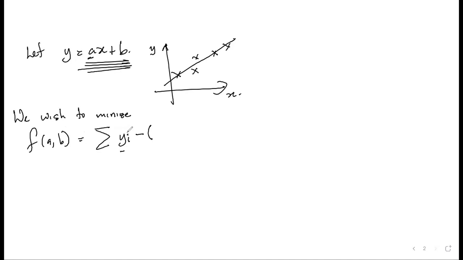This yi that I'm talking about are the experimental values: y1, y2, y3, and so forth, minus ax plus b evaluated at i. And to get rid of the positive and negative bias, we're going to square everything. So this is the function we wish to minimize in terms of A and B.